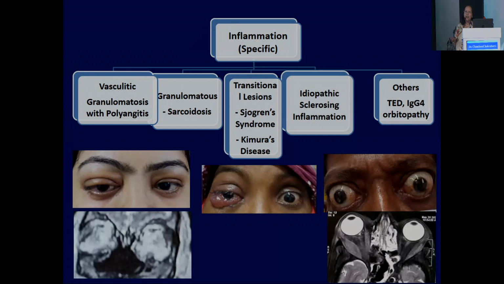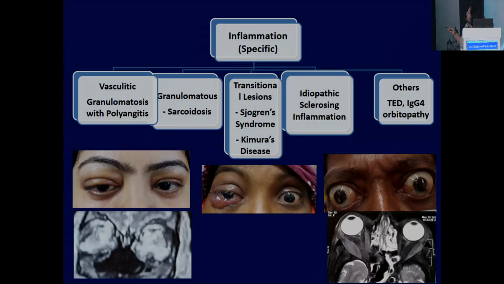So now coming to the specific variety, as I told, the more and more we are diagnosing the case, the non-specific variety has come down, and the specific has actually been coming up. What are the specific lesions? Look at this. The most common is the granulomatous variety, that is sarcoidosis.